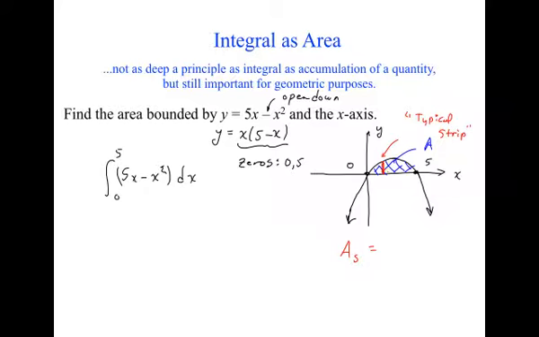So what is the area of that strip? So base times height, right? Area is going to be base times height. What's the base? Yep, it's going to be our change in x.